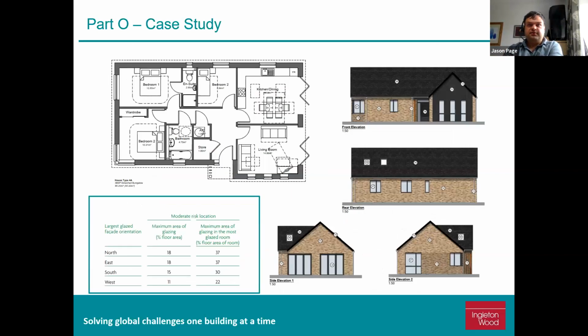Looking at the floor plans and elevations, the south and the west elevation have large amounts of glazing. Running the building through the calculations, we failed on a number of criteria. What we found was the south had the most glazing, which meant our target, according to table 1.1, required a maximum glazing area of 15% of the floor area.